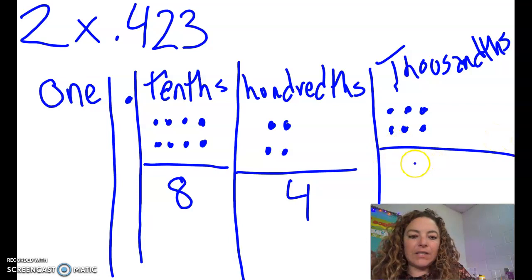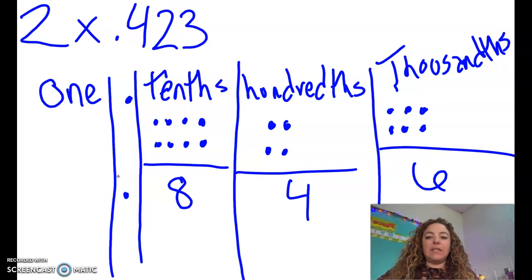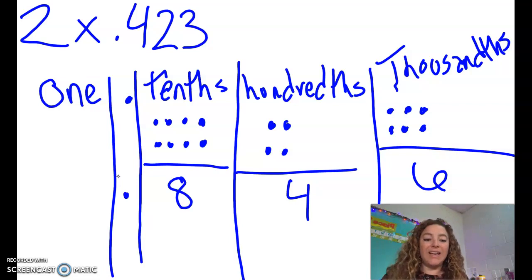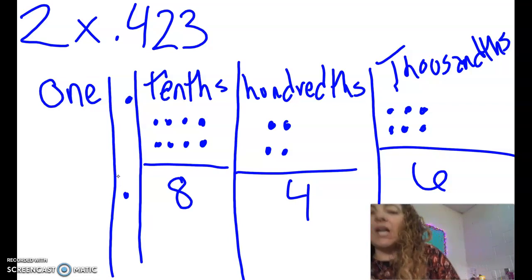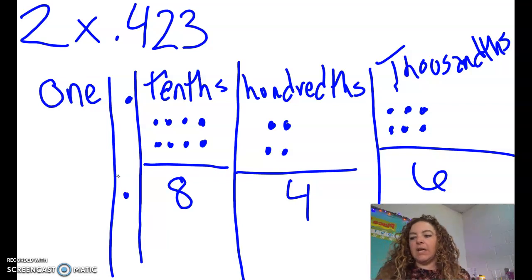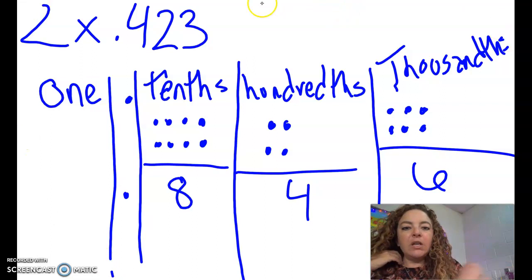And we have 6 here. So we can quickly see and we can model that 2 copies of 423 thousandths is 846 thousandths. So it's just an easy way to model out what those copies are, and how we can show and express that multiplication with our decimals.